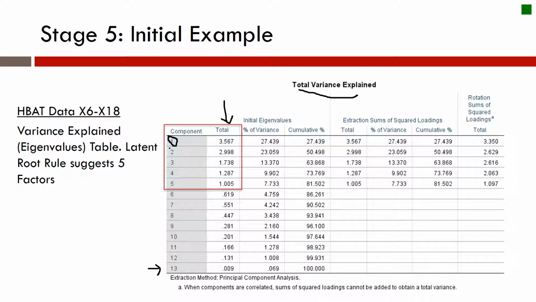Now the eigenvalue rule, or the latent root rule, is that for each component here, each potential factor that's greater than 1, we would call that a factor. We would want there to be 5 factors. So if you're using the latent root rule to determine how many factors you'll have, then 5 is what is here. 5 factors are greater than 1.